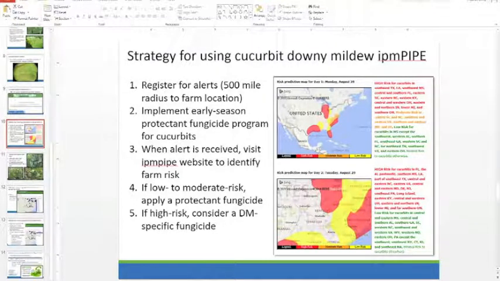If you have very high value vining crops, or if they're a very important part of your operation, you may want to go with a downy mildew specific fungicide, even at low to moderate risk. Absolutely, if you're at high risk, I would recommend a downy mildew specific fungicide. In this way, we can save those more expensive systemic fungicide applications for the period of time that we're at highest risk in these vining crops for developing downy mildew.